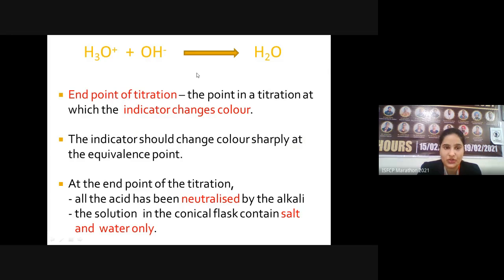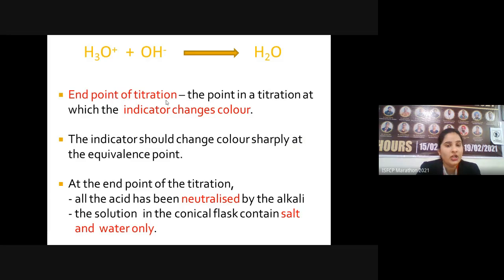When we get the end point of the titration, it is indicated by the change in the color of the indicator. The indicator changes its color when the endpoint is observed, and hence we can note down the reading. A good indicator should always change color very sharply at the equivalence point.